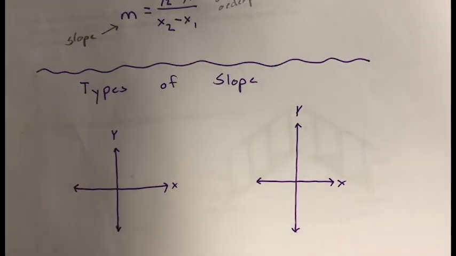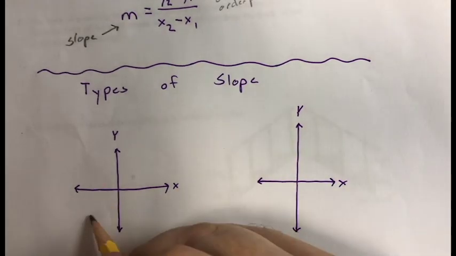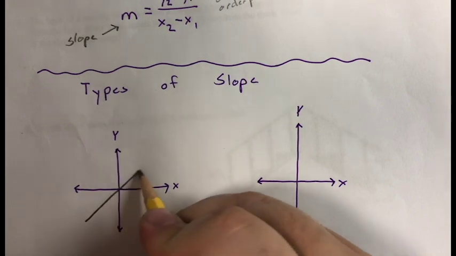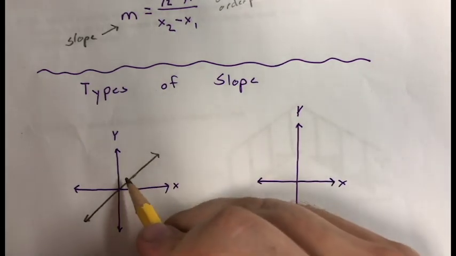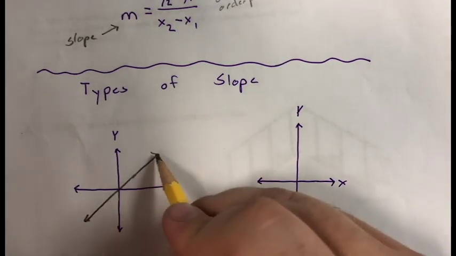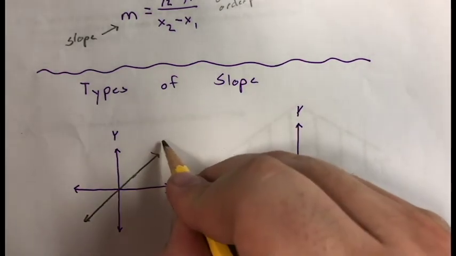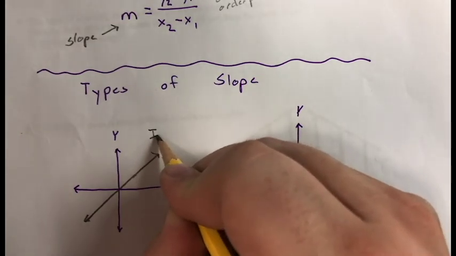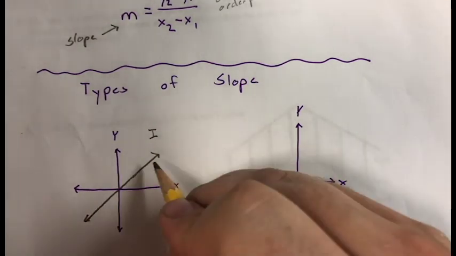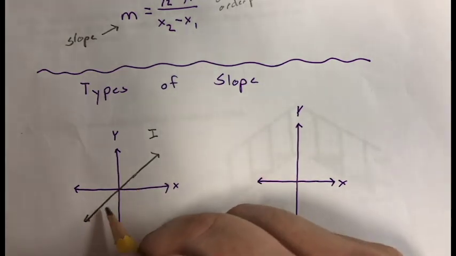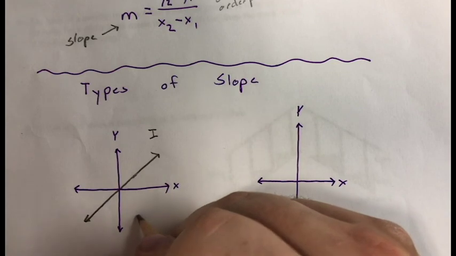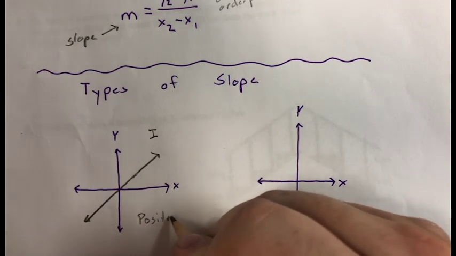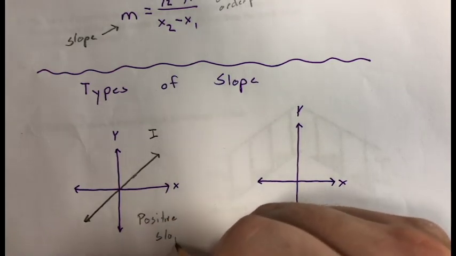Now, we have 2 types of slopes, all right? Our first slope looks kind of like this. It's going to be a line that goes in this direction. And notice what direction it goes to. It goes into the upper right, or the arrow goes into what we call the first quadrant. If you ever see a line going in this direction, into the first quadrant, this is what we call a positive slope.